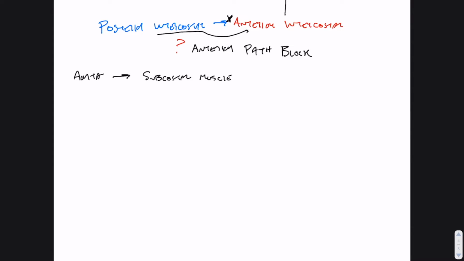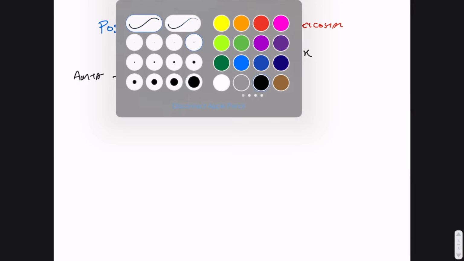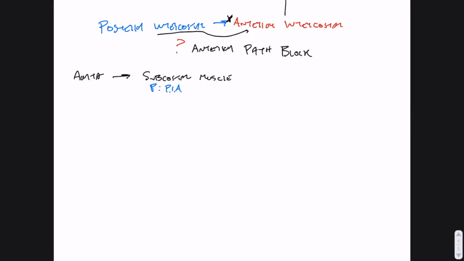So you should remember, if it's a posterior muscle, what is the blood supply? Well, it's a posterior intercostal artery. And again, I'm just shortening that. Posterior intercostal artery supplies it though.